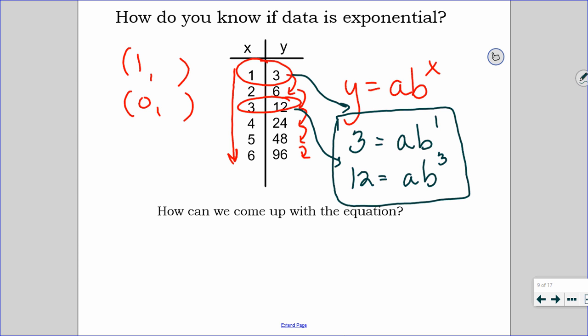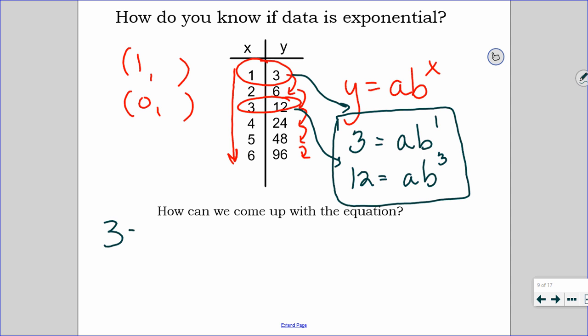How can I take those 2 equations and put them together? You can set them equal to each other. So what variable, Elizabeth, is easiest to solve for, a or b? a, right? So that's what you want to do.